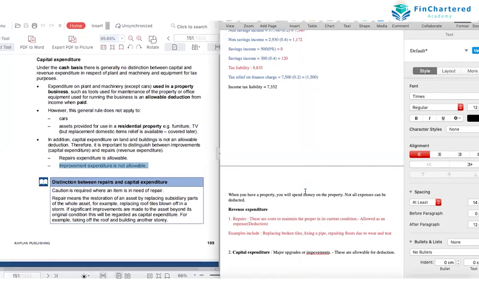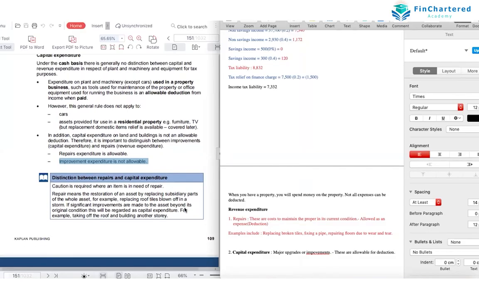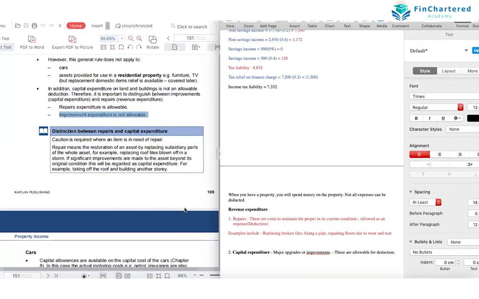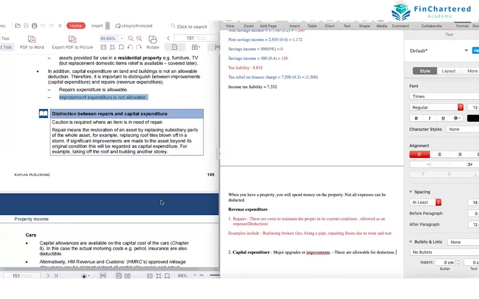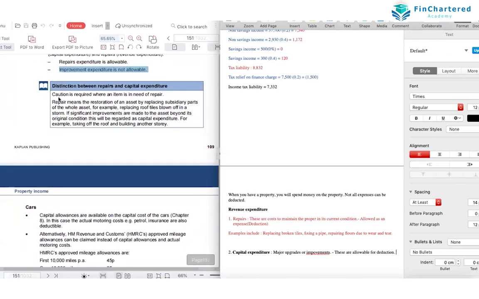Okay, so guys, again, say you want to add a new room, you want to upgrade your kitchen, you want to upgrade the bathroom, those things are not allowed for a deduction. Now, you can read this.